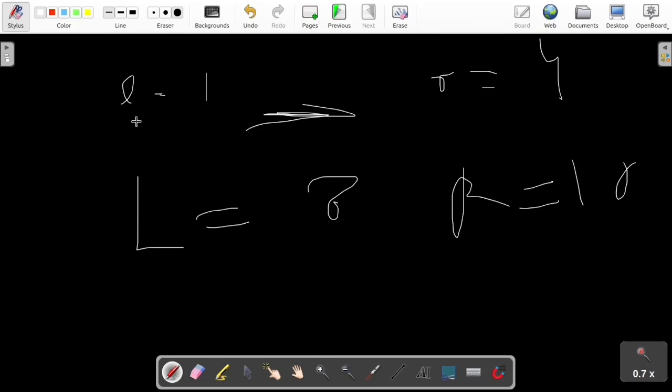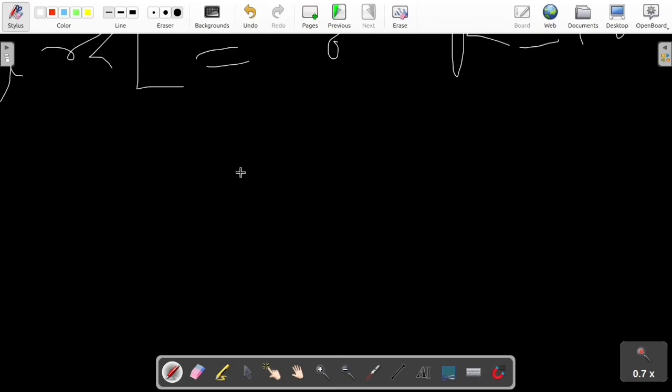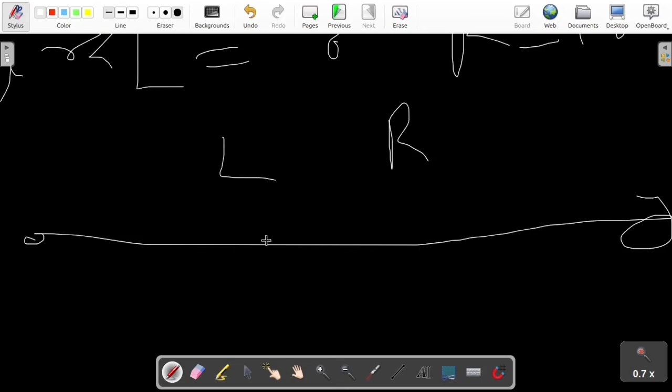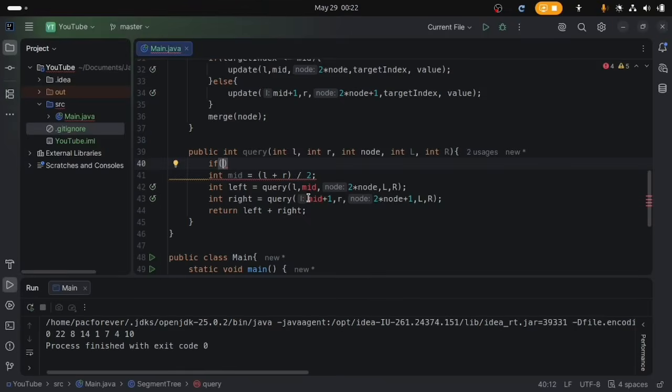Either this r can be here, your l, r can exist over here, or let's say this is your l and r. Let me draw a number line. This is your l and r. It may happen that your l comma r is here, or it may happen that your l comma r is here. There are only these two cases of non-overlapping. It will never happen that there is any other case, then it will be counted in partial overlap or complete overlap.